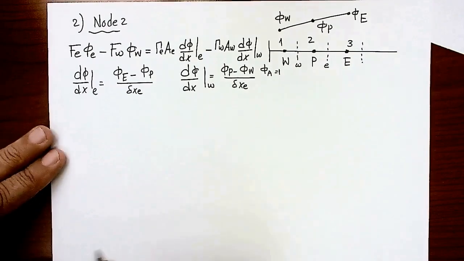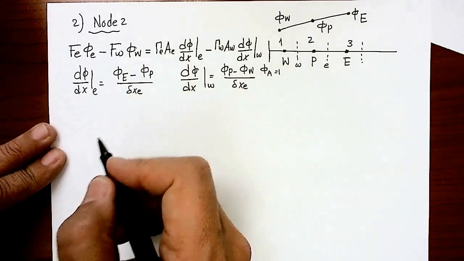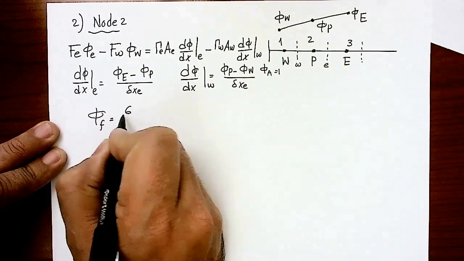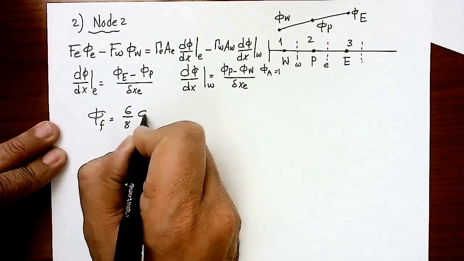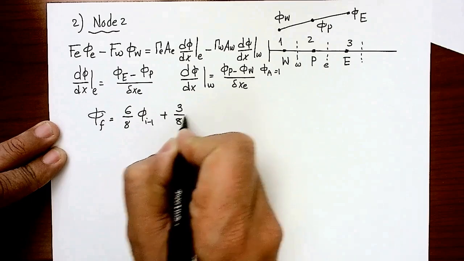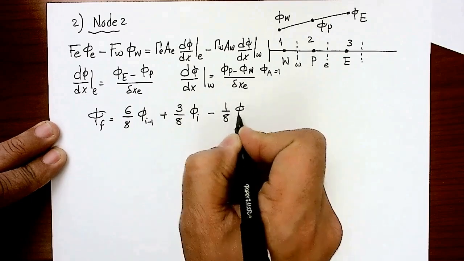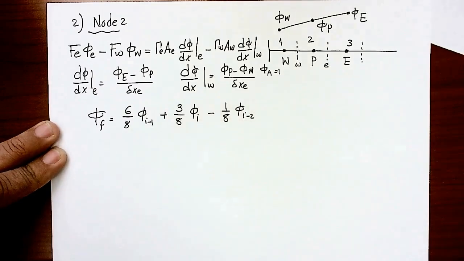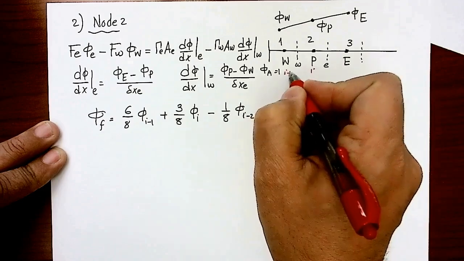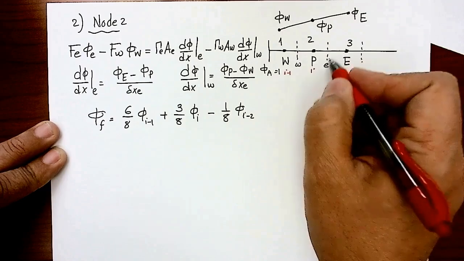Now let's go for the convection term. I'm going to apply the same equation for phi face, and you will have that phi face is equal to 6 over 8 phi I minus 1 plus 3 over 8 phi I minus 1 over 8 phi I minus 2. So now this is my I. This is my I minus 1. We are on the east face, right?